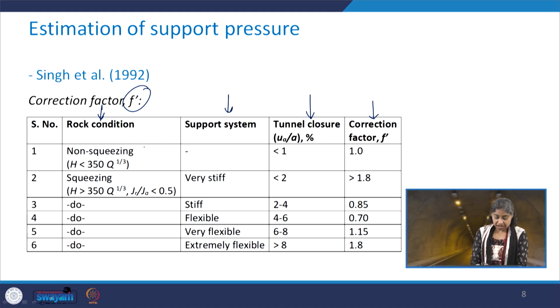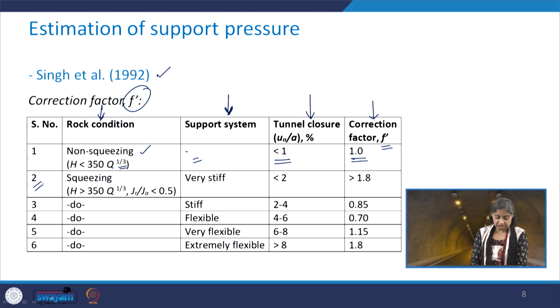For example, if you have the non-squeezing ground condition represented by this expression, that is H less than 350 into Q to the power 1 by 3, no support system was recommended as far as this work is concerned. In this case, the tunnel closure is less than 1% and the correction factor F prime will be 1.